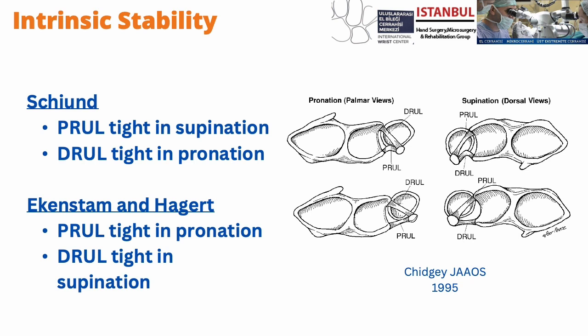The study by Chun showed that the palmar radioulnar ligament is tight in supination and the dorsal radioulnar ligament is tight in pronation. In contrast, Ekenstam and Hagert's studies show the palmar radioulnar ligament tight in pronation and the dorsal radioulnar ligament tight in supination.